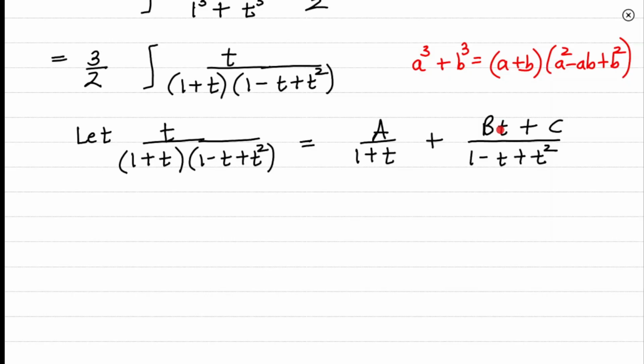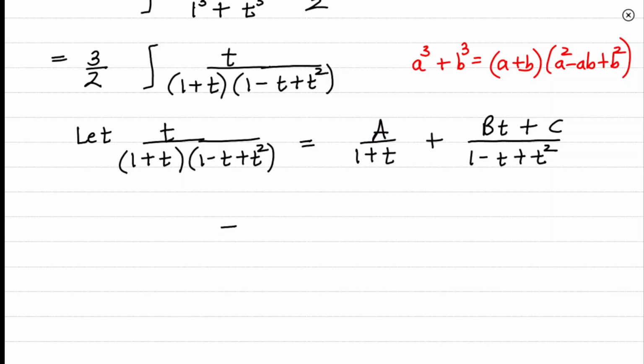Notice that the variable is not x here, it is t here. So whenever the denominator is quadratic, the numerator is a linear term in partial fractions. And whenever the denominator is a linear term, the numerator is a constant value. Now let's simplify this and see what we get.